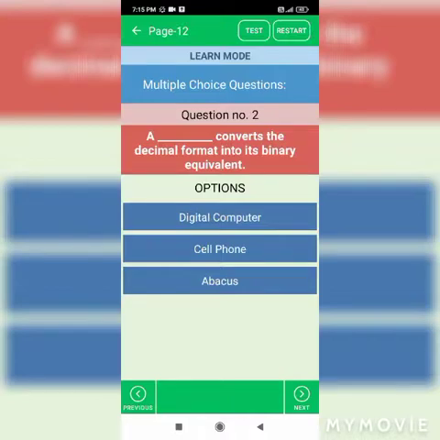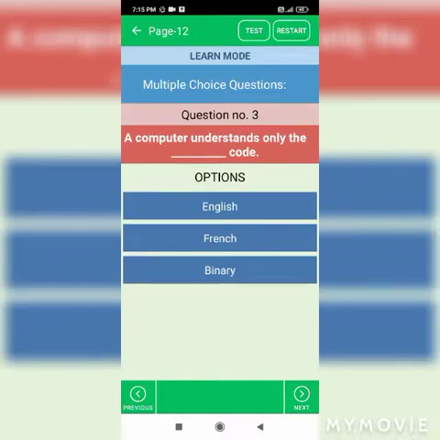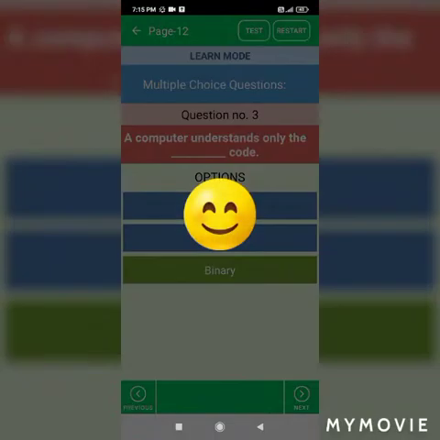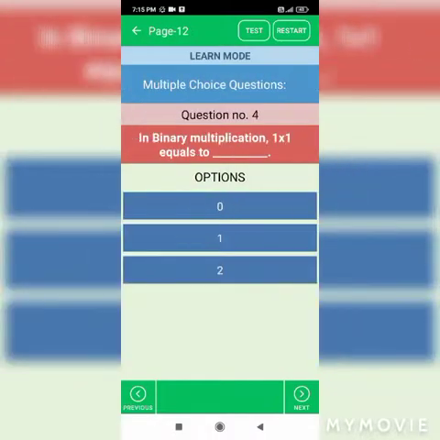Absolutely correct. Digital computer. Right answer. A computer understands only the binary code. Right answer. In binary multiplication, 1 into 1 equals? Yes, absolutely correct.